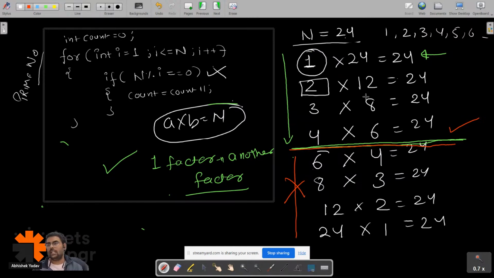How will I tell the computer? Anyone? Try to observe with the help of the table. You will get the answer. Okay, still expecting one answer. No one.